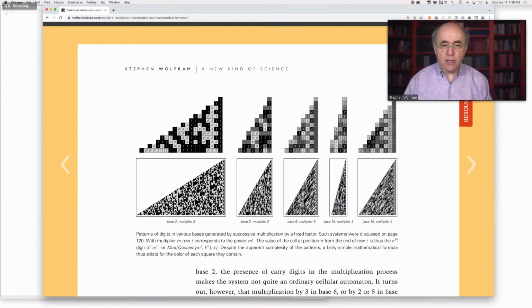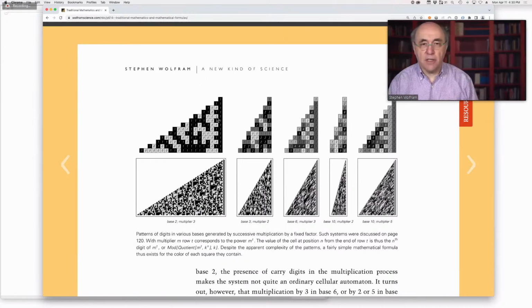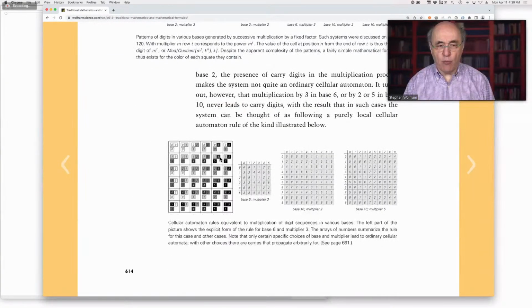Then it turns out that that cellular automaton, even though we might have constructed it just as a cellular automaton, turns out to be generating the powers of 3 in base 6. So we can see down here how that works. There's just a rule that corresponds to these multiplication tables. Powers of 3 in base 6 just corresponds to a cellular automaton pattern.